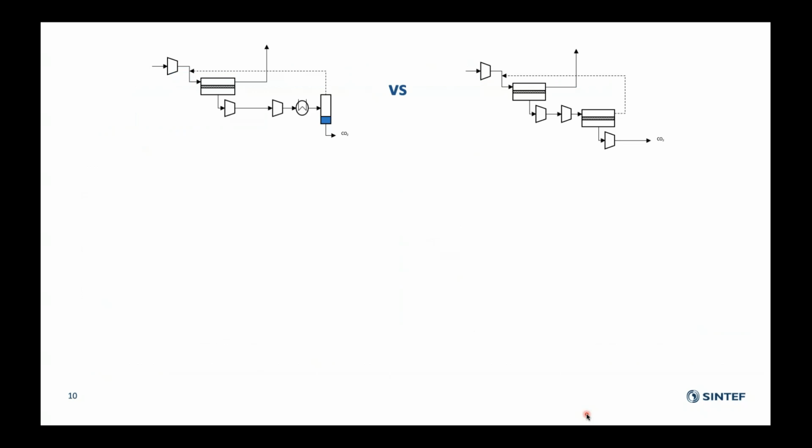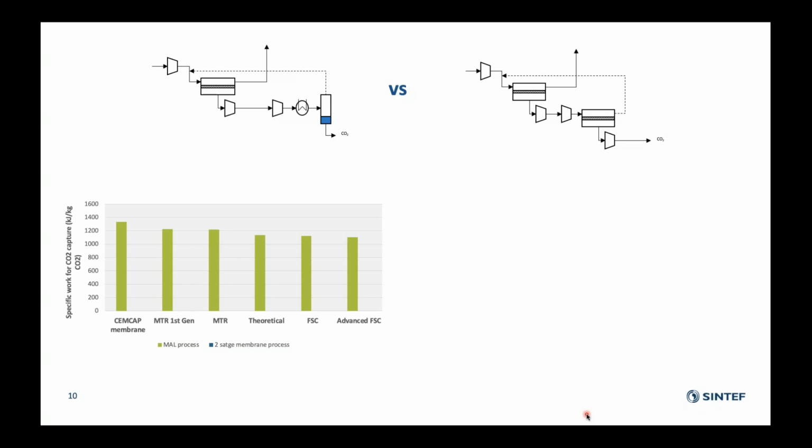Okay, so we've talked about the membrane-assisted liquefaction process and briefly about the two-stage membrane process. So let's see how they compare against each other. This is the specific work required for the different membrane types for the membrane-assisted liquefaction process.